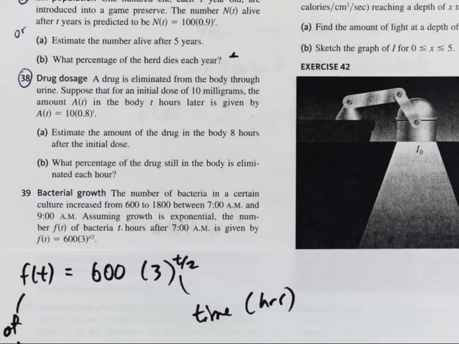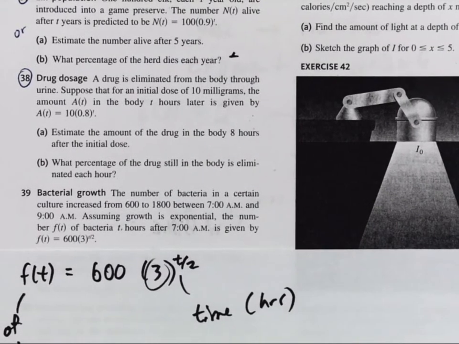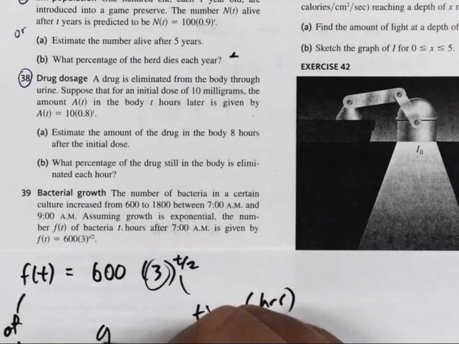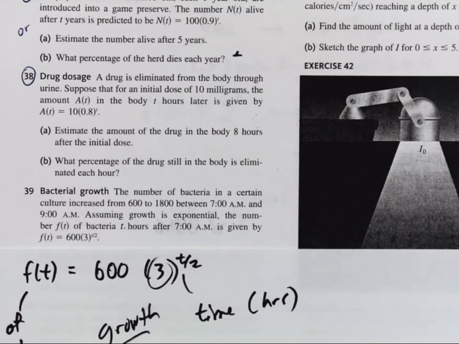Now the key is, I'm asking you, is the bacteria growing or decreasing? In other words, is this an exponential growth problem or an exponential decay problem? The key is, what is the base of your exponential function? It's 3. Remember, the dividing line between decay problems and growth problems is 1. Since this is 3, this is a growth problem.